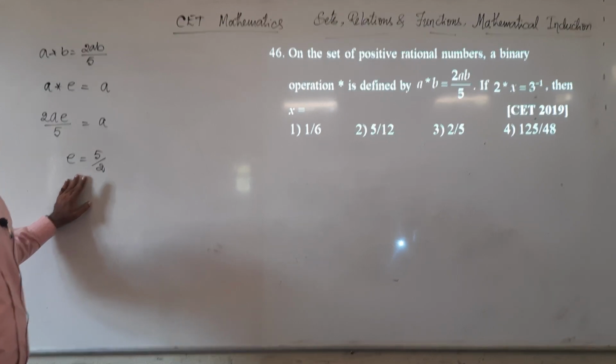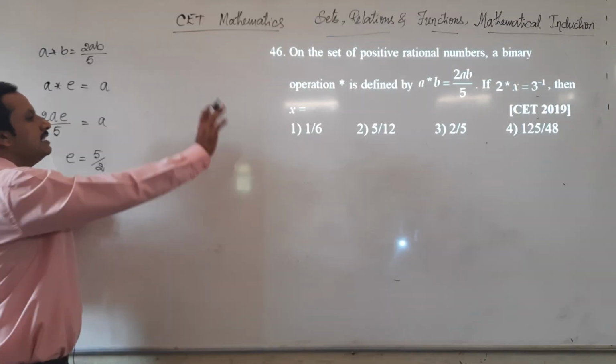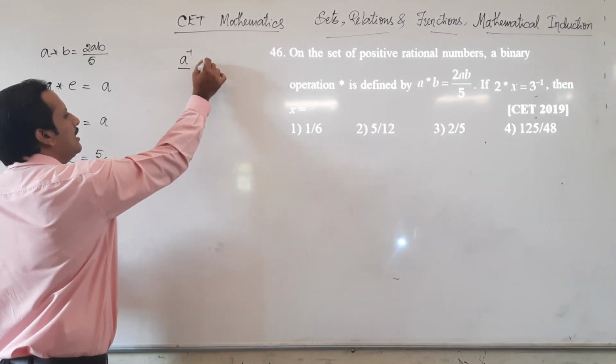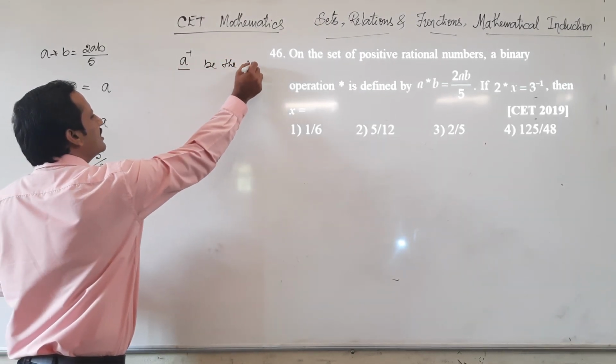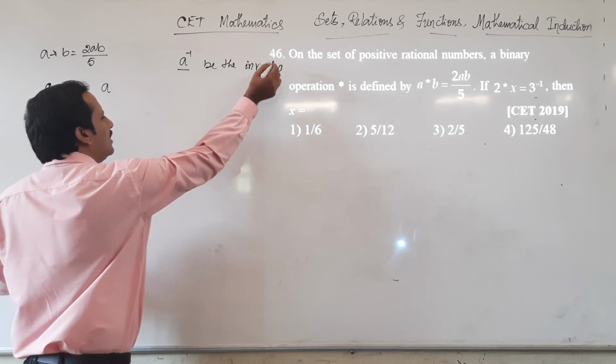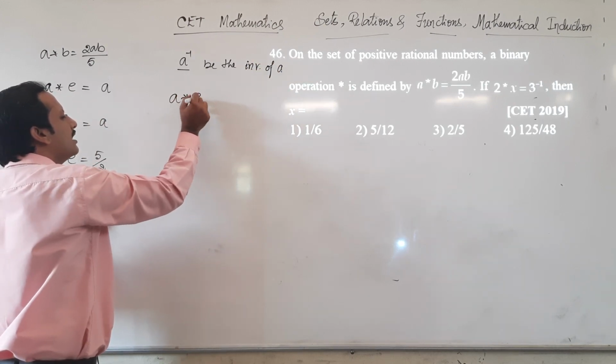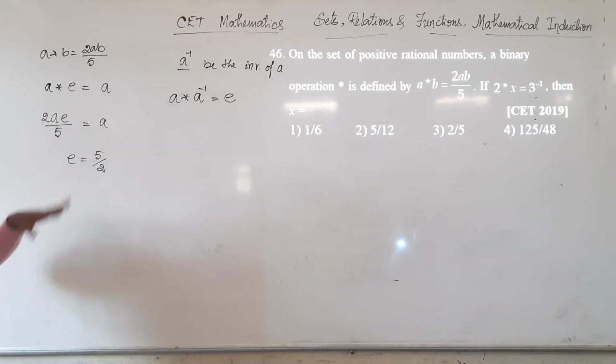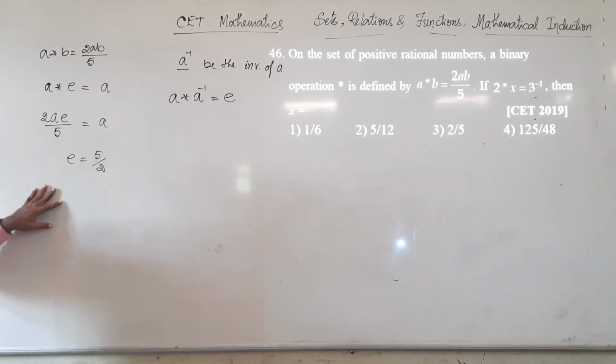Now we have to find out what the inverse is. What is the inverse of a? Let this be a inverse, the inverse of a. Then a star a inverse must be equal to the identity. A star b is defined as 2ab by 5.